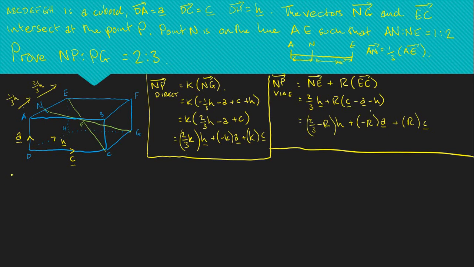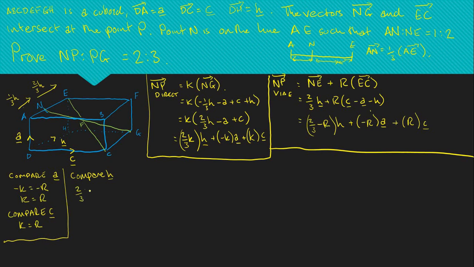So the first part that we're going to do for the next bit is we're going to compare for vector. We'll do vector A because it's an easy one. So we've got negative k equals negative r, therefore k equals r. We're going to compare for C, which was k equals r, which is done. Now that bit you do have to do, it's important because it helps you to do the next bit. Now comparing for H, we've got 2/3 of k is equal to 2/3 subtract r.